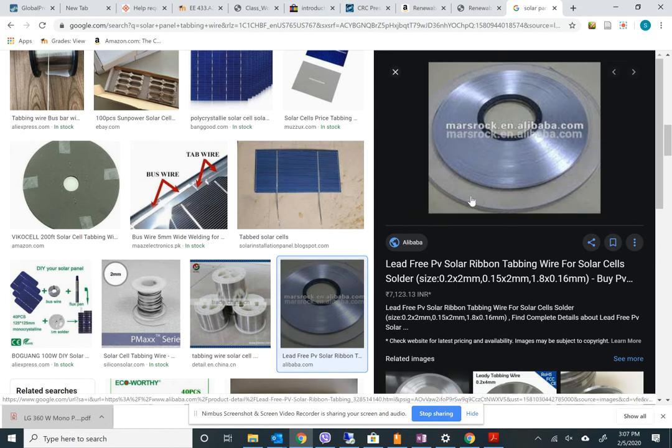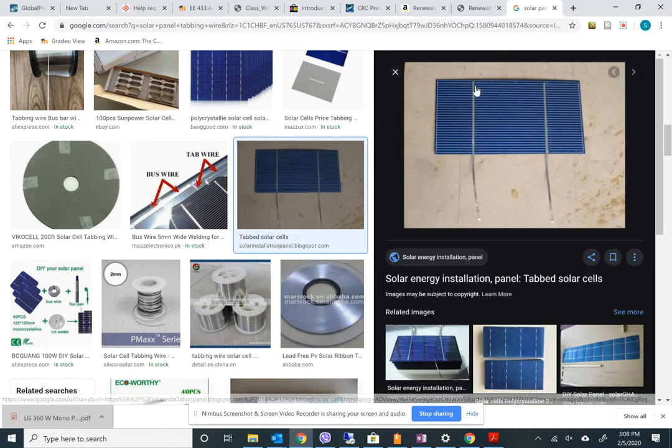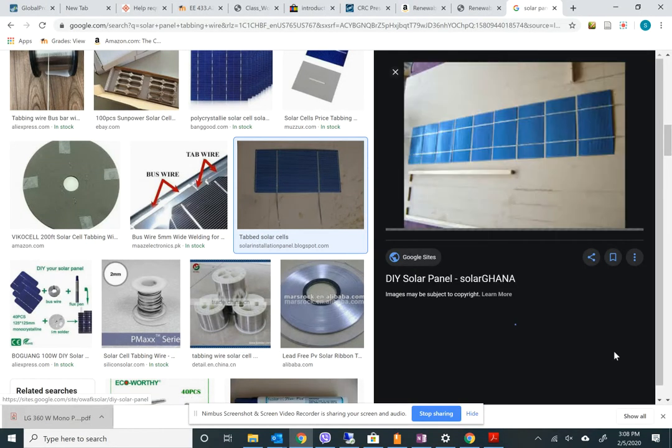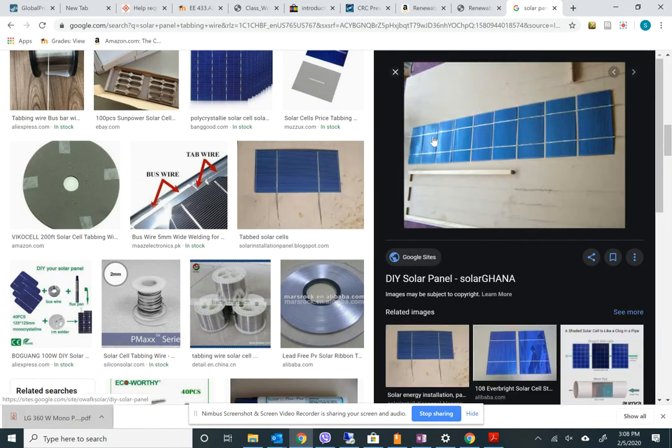Here's an example. Notice that this is flat. These run in parallel, connecting the solar panels, so they daisy chain them together. Right here, they go over, under, over, under, over, under. And all of these panels are connected in series.